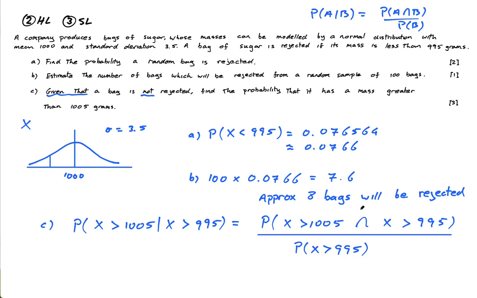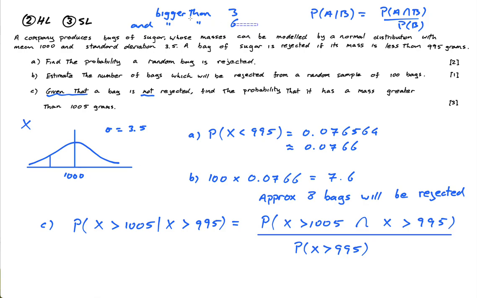So let's think about this. What does it mean if something is bigger than 1005 and bigger than 995? Well, that's a bit silly when you think about it. If I told you, think of a number that's bigger than 3 and bigger than 6, how can I simplify? What kind of number is bigger than 3 and bigger than 6? Well, you can just say bigger than 6, because obviously if it's bigger than 6, it's bigger than 3.